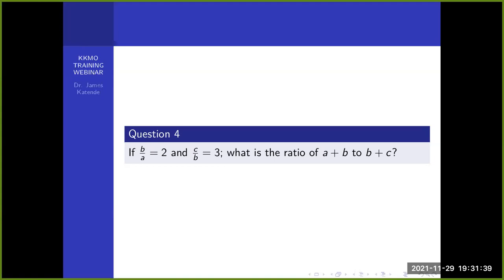Alternatively, we can have B over A equals 2/1, and also C over B can be 3/1. Then from there you make B the same value, and you can quote the ratio very fast by comparing. Okay, it can also work. I did something similar, but using A throughout.